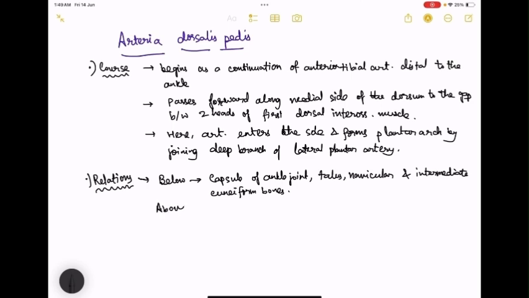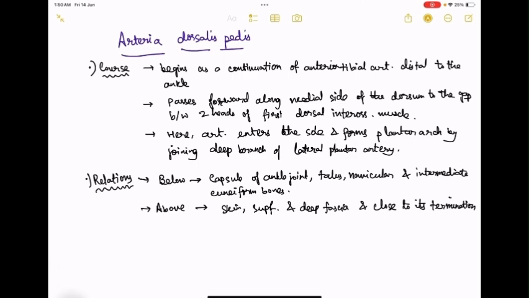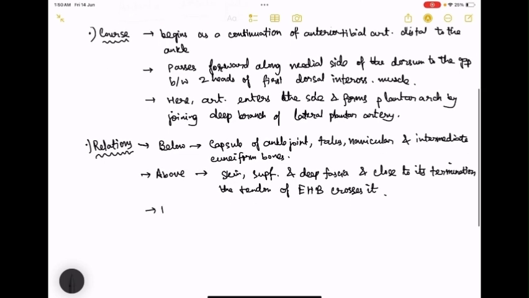Above, what can be located above: skin, superficial and deep fascia, and close to its termination, just near its end, the tendon of extensor hallucis brevis crosses it. Medially, tendon of extensor hallucis longus.